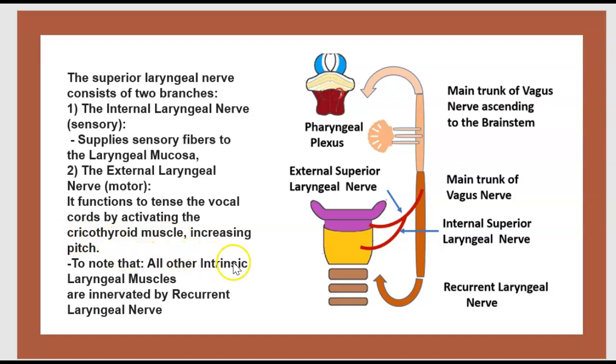To note, all other intrinsic laryngeal muscles are innervated by the recurrent laryngeal nerve. Here we see the main trunk, the external superior laryngeal nerve, the internal superior laryngeal nerve, and this is the recurrent nerve.